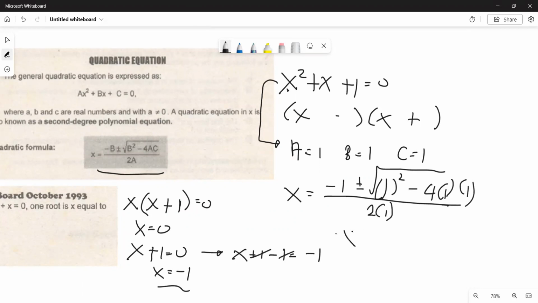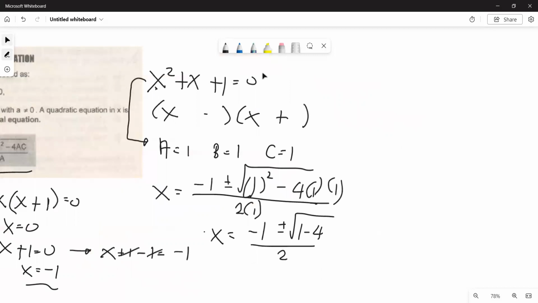So x is -1 plus or minus the square root of 1 minus 4, all over 2.